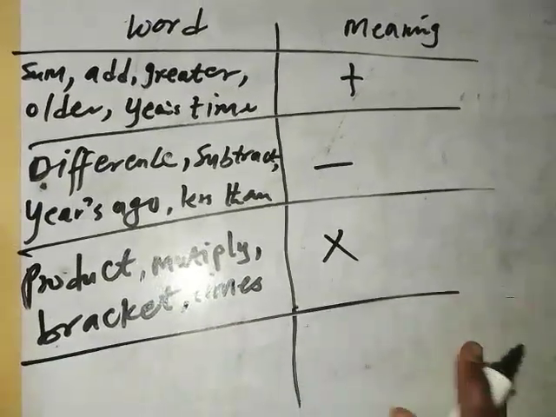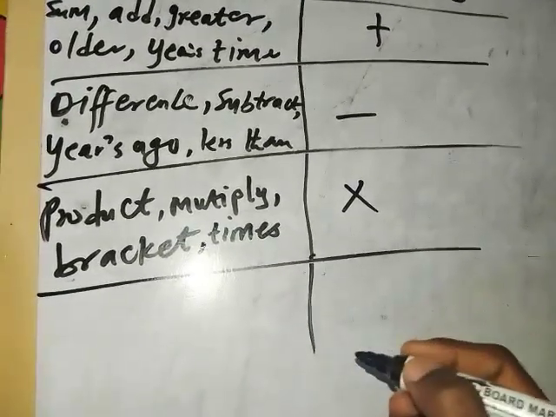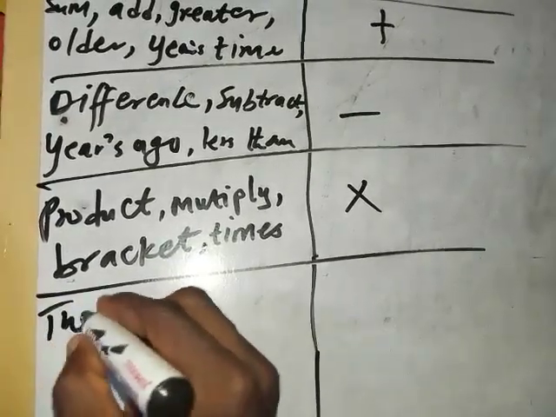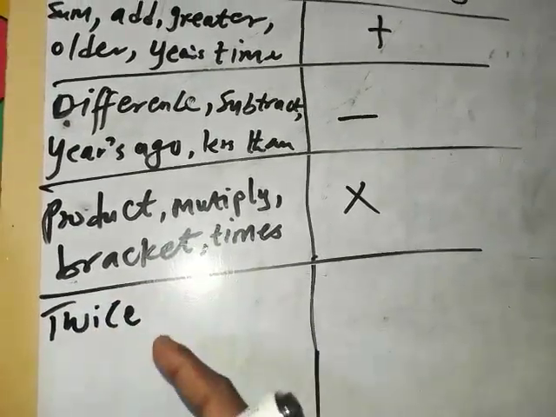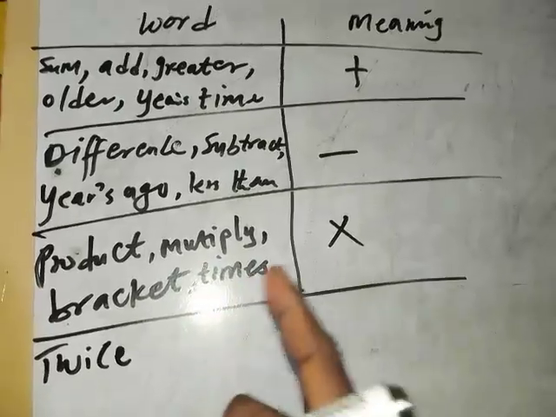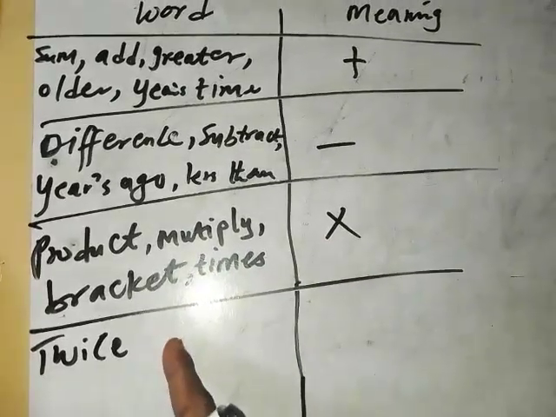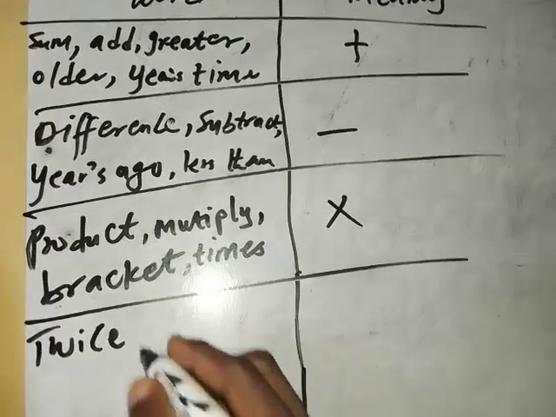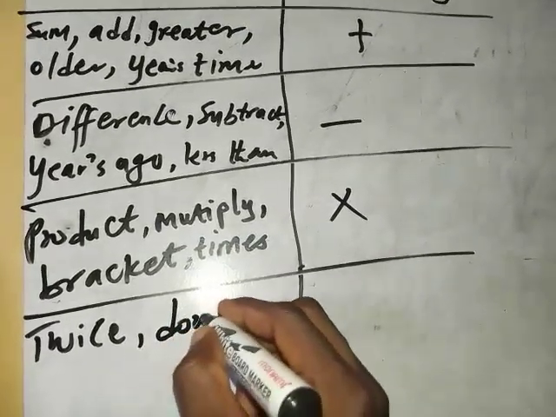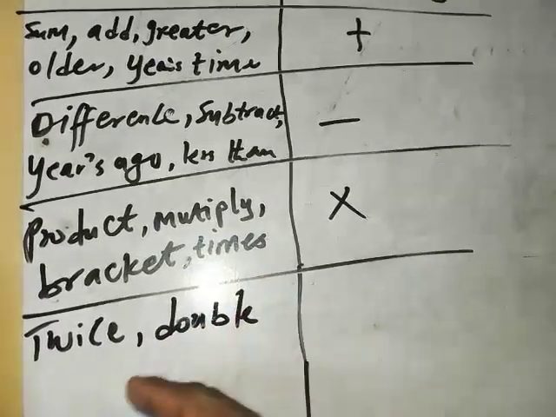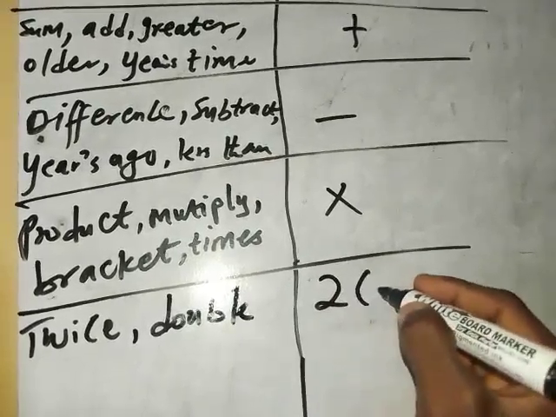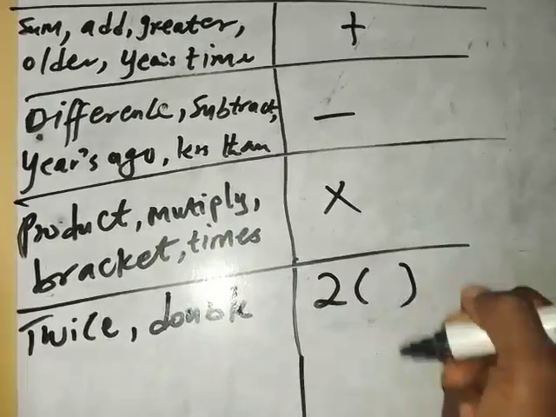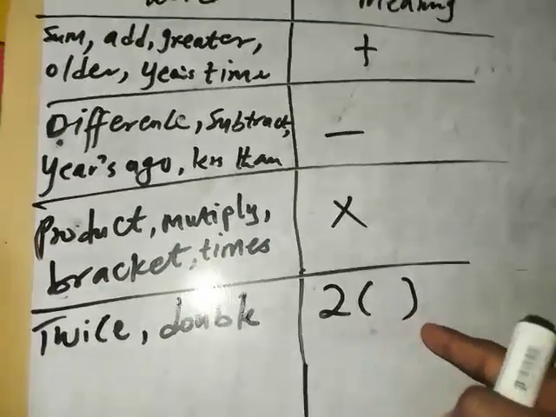Now when you see twice, the reason why I'm showing you this meaning is that this is going to appear in your questions. So when you see twice or double, it means 2 times of something. It can be y, it can be x, it can be n, it can be p. So 2 times of something.